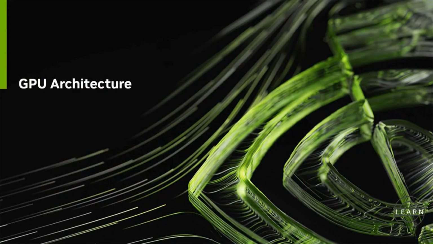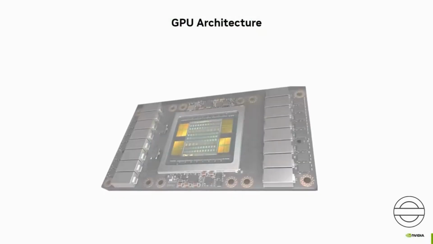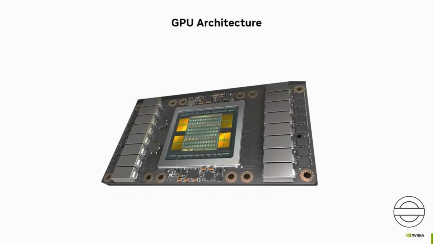GPU architecture forms the core foundation of modern graphics processing. In this exploration, we'll delve into the intricate design and functionality that powers these essential components of accelerated computing. This is an image of a typical GPU. At the heart of the chip are thousands of GPU cores. A core is the component of the GPU that processes data.